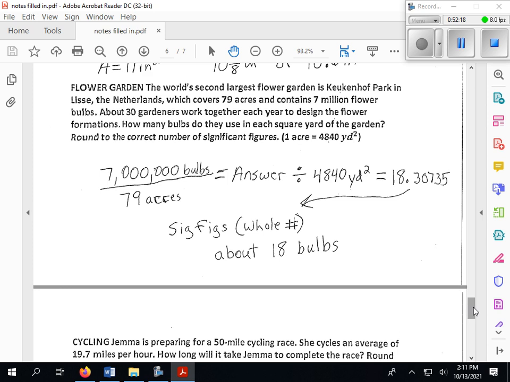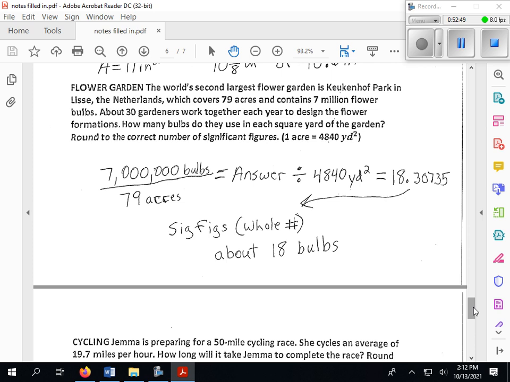Next one, a flower garden. The world's second largest flower garden is, I'm not even going to try to pronounce that, Park in the Netherlands, which covers 79 acres and contains 7 million flower bulbs.